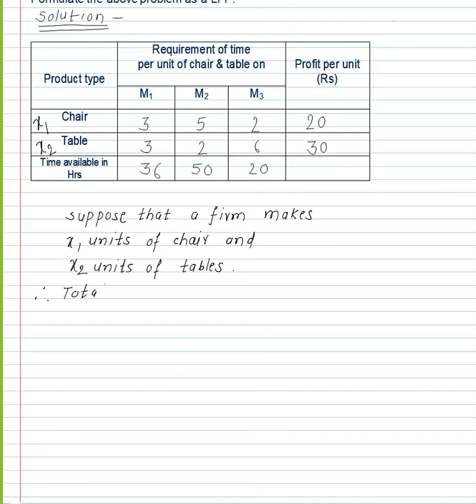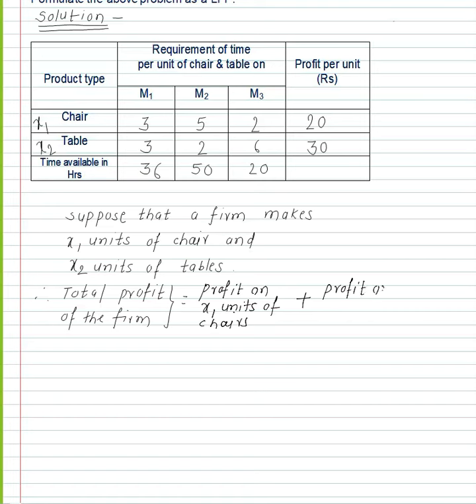Total profit of the firm is equal to profit on x1 units of chair plus profit on x2 units of tables. Let us denote this profit by Z.